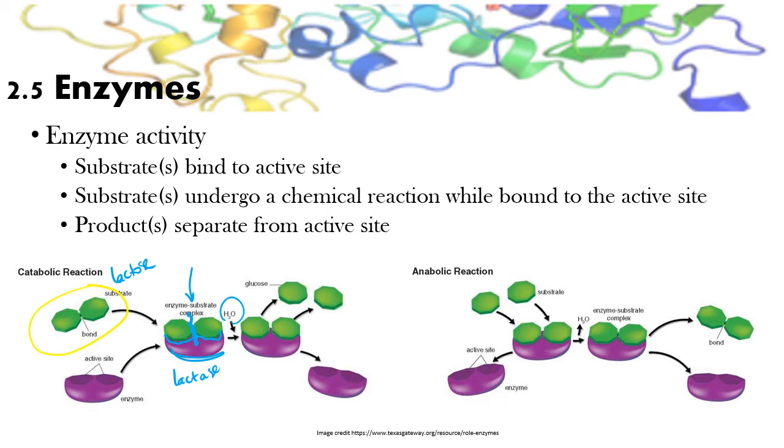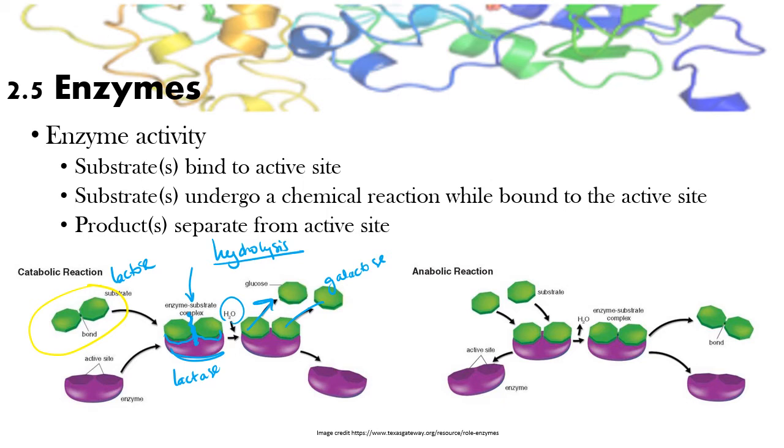We're also going to add some water because this is a hydrolysis reaction. And then we're going to get glucose and galactose, if this was lactase, or if it was maltose and maltase, we'd get two glucose molecules. If it was sucrase and sucrose, we would of course get glucose and fructose.